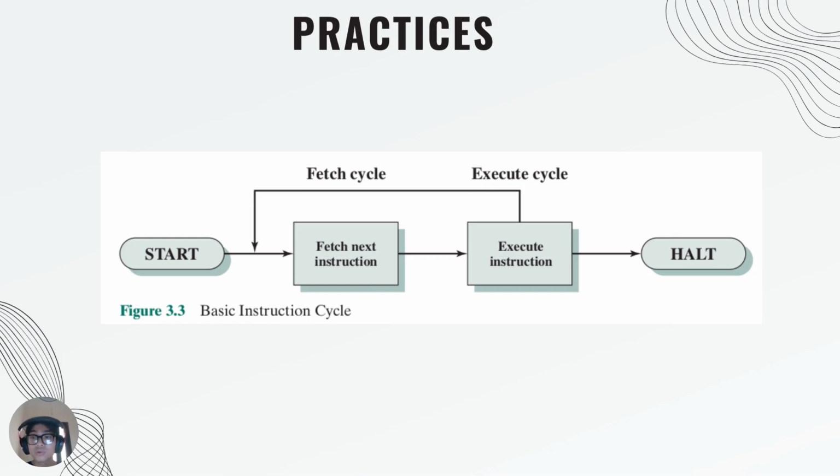The fetched instruction is loaded into a register in the processor known as the instruction register. The instruction contains bits that specify the action the processor is to take. It means what I said before: the word has 16 bits, with 4 bits of opcode and 12 bits of address.